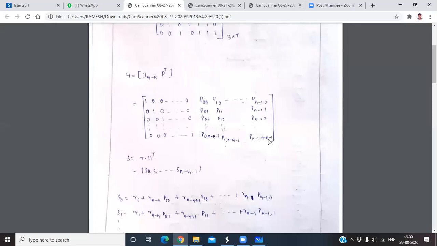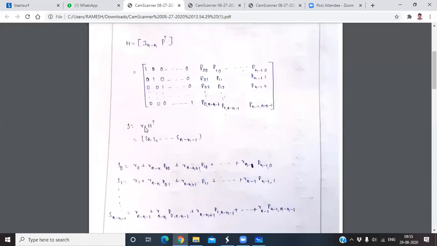Yes, please respond. Are all of you following or not? Yes, sir. Don't confuse, okay? Here I want to start from 0, so 0 to k minus 1, 0 to n minus k minus 1. Now I want to multiply the received code vector and this one. So the received code vector is also R0, R1, R2 up to so on. What about the received code vector?